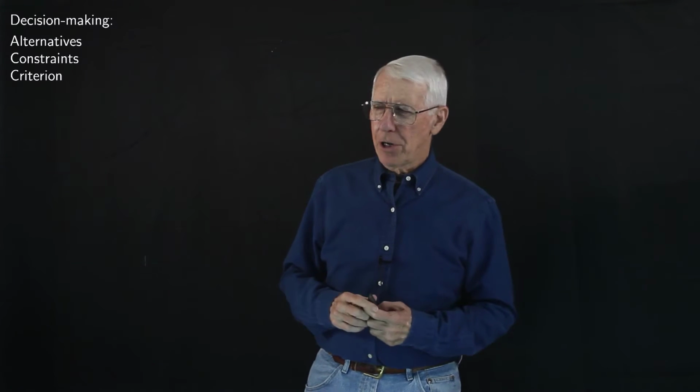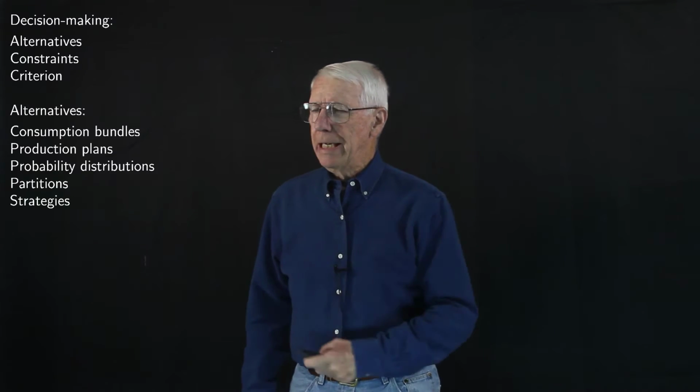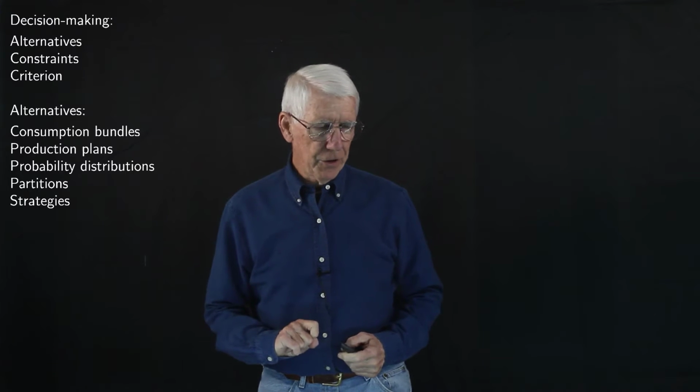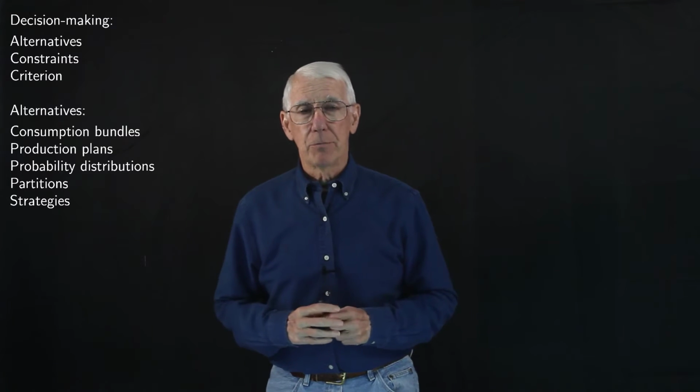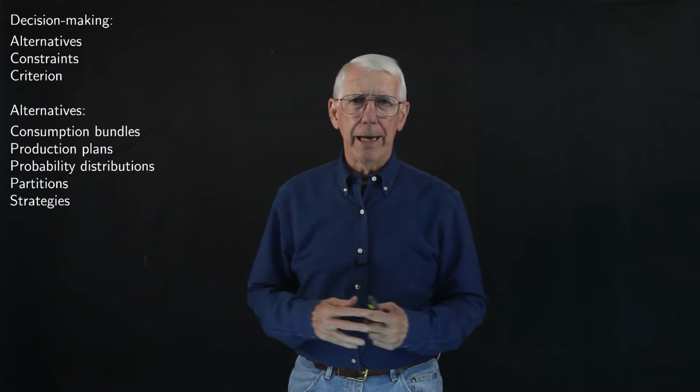So I'm going to start off here by just mentioning several of the kinds of alternatives in the various kinds of decision problems that we typically encounter when we're doing economics.